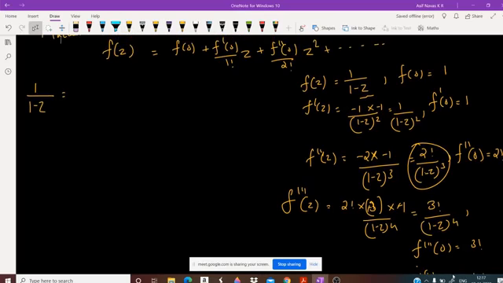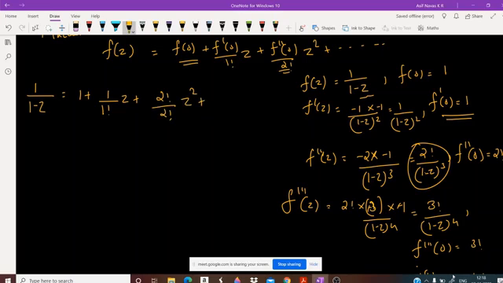So now we will find the Maclaurin series of 1 by 1 minus z. What is f of 0 here? f of 0 is 1 plus f dash of 0, which is 1, by 1 factorial z, plus f double dash of 0, 2 factorial, divided by 2 factorial z square.